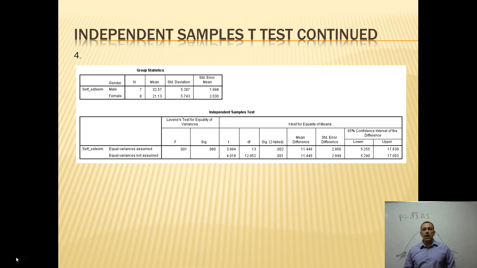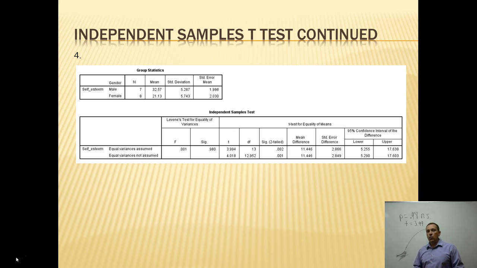So if we follow that top row across to the t column, we find that the t value for this particular sample is what? Our t equals, what's the value? 3.99. Okay, so this is our t observed, is 3.99.